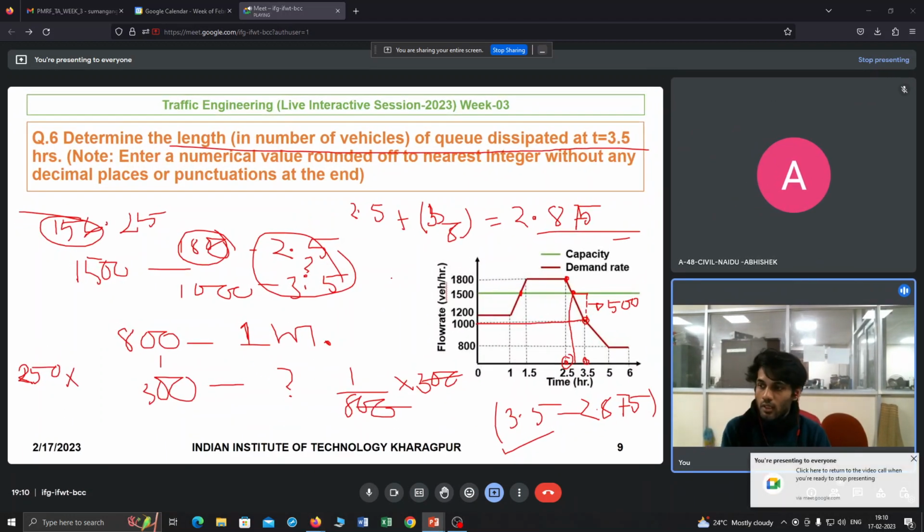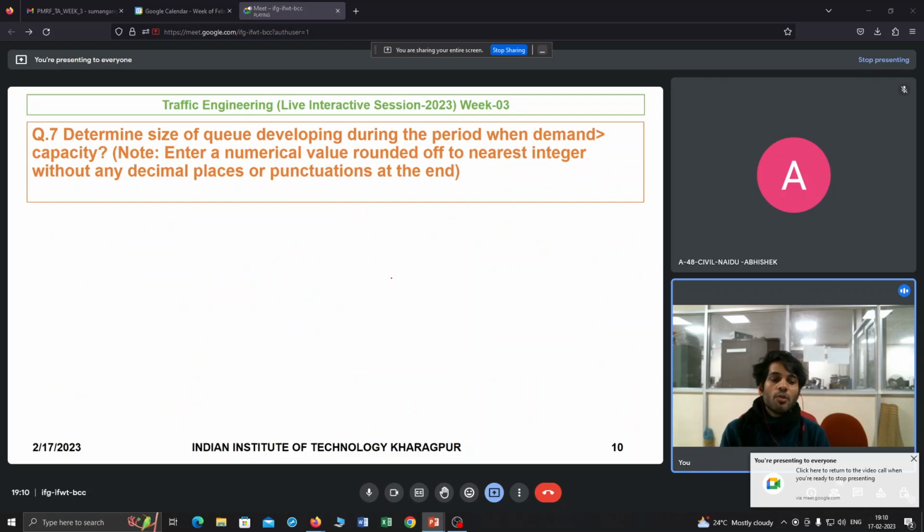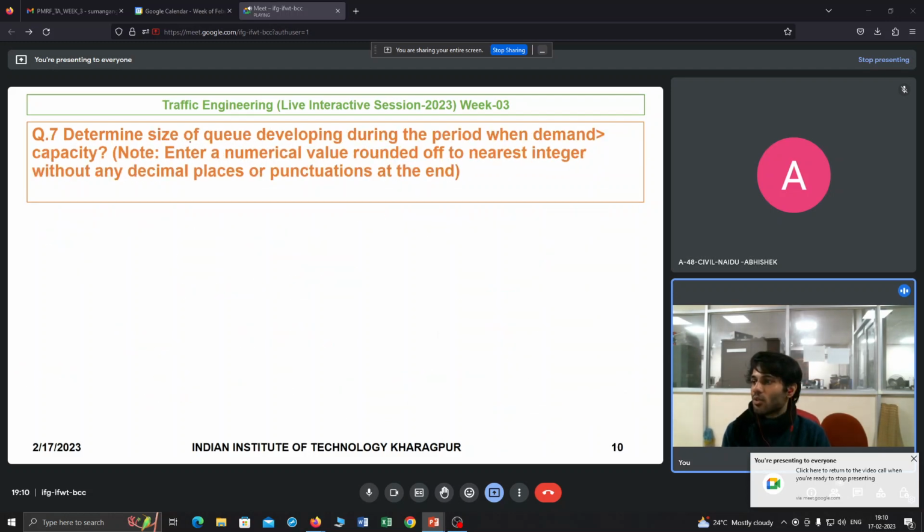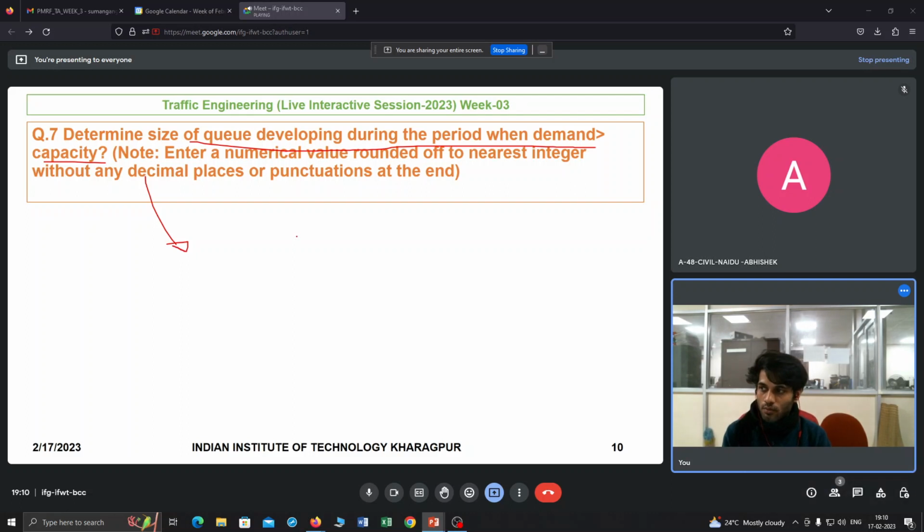Once you did this, now you tell me, because I won't calculate here. You can use the same diagram. Calculate the size of the queue developing during the period whenever demand is greater than capacity. This answer I won't do, you will do it. When demand is greater than capacity, what is the size of the queue?